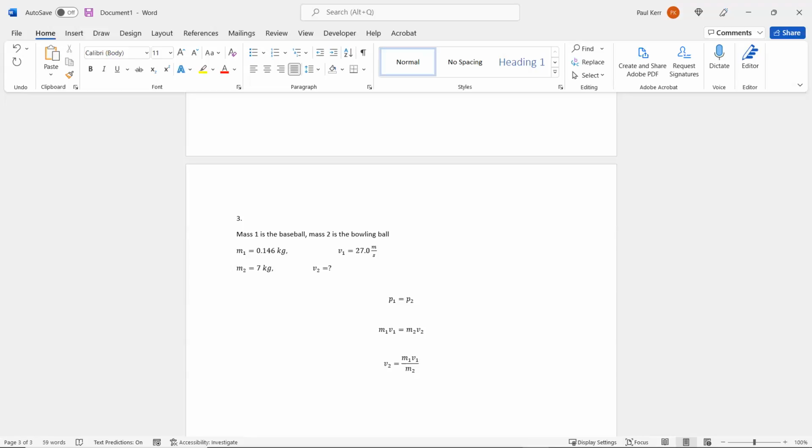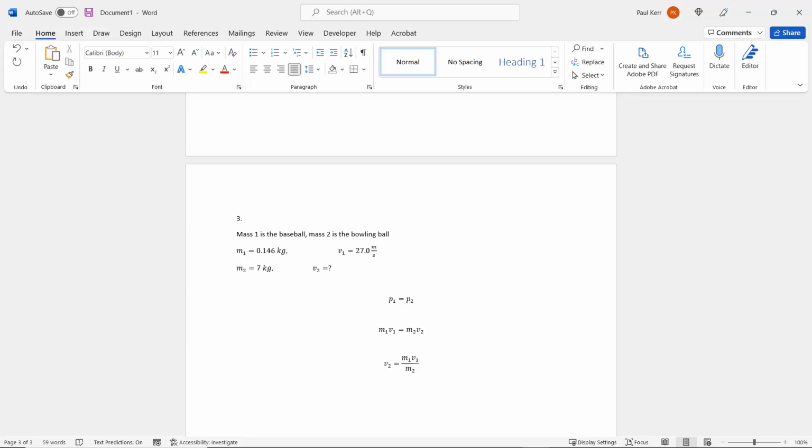So then that would be 0.146 times 27 over 7. So they're giving us a velocity of 0.563. Let me triple check myself. I mean, it's definitely M1 V1 equals M2 V2.